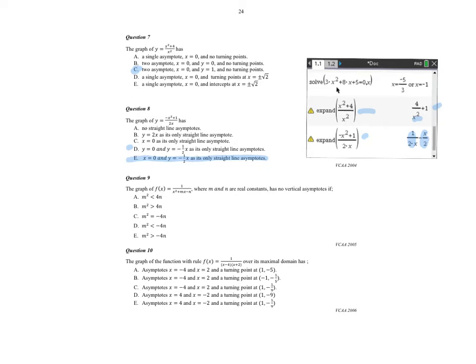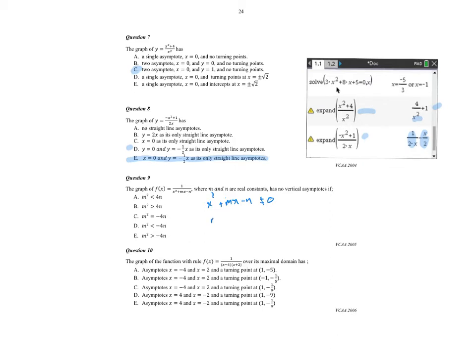Let's have a look. Find m and n so that 1 on f of x has no vertical asymptotes if. So look, we could muck around. No vertical asymptotes means x squared plus mx minus n can't equal 0. Well, it can't equal 0, but if that function there is a parabola and it has no solutions, then 1 on f of x won't have any asymptotes.